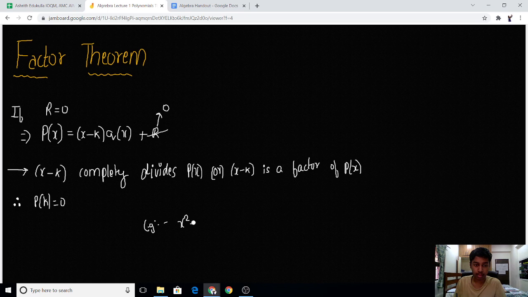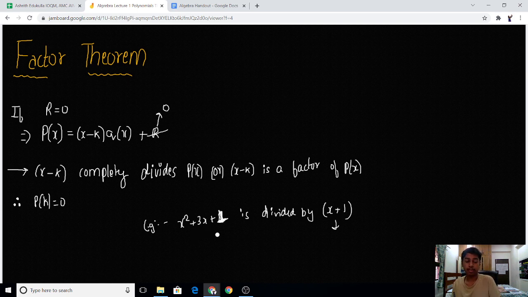x square plus 3x plus 2 is divided by x plus 1. Sorry, this is 1: x square plus 3x plus 1 is divided by x plus 1. So I keep x equals to minus 1, because I want to make this part 0.